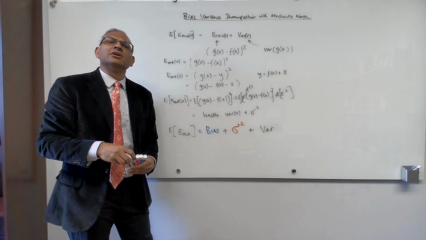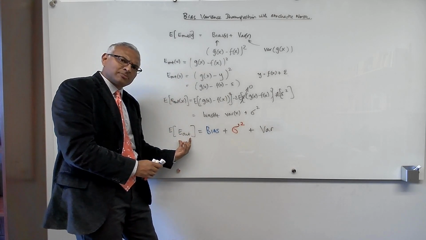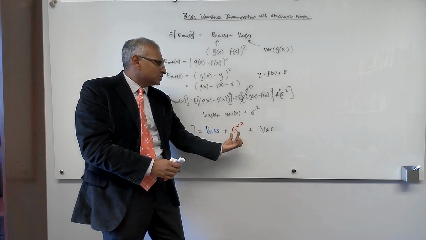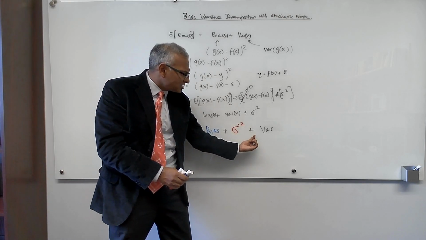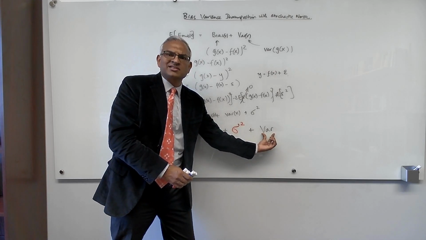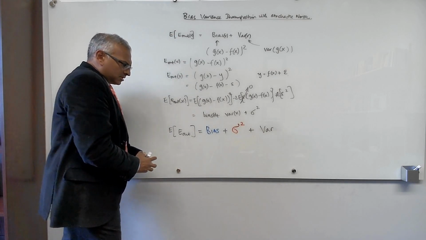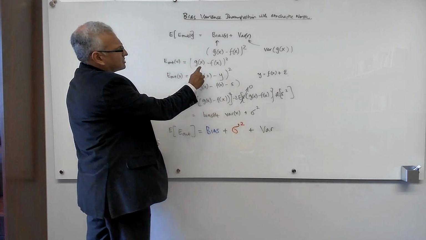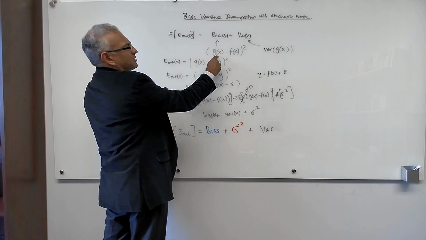Okay, and let's interpret this. This is a very interesting breakdown, and this is an equality. So your expected out of sample error is your bias plus your measurement error variance, plus the variance in the final hypothesis that you output. Remember when we discussed bias variance, the bias, G bar minus F, is the best you can do.